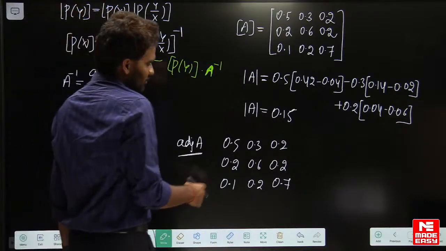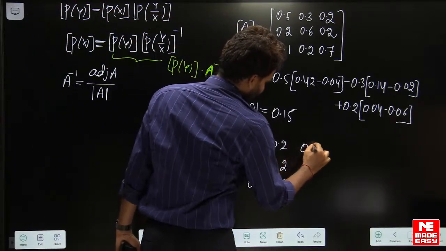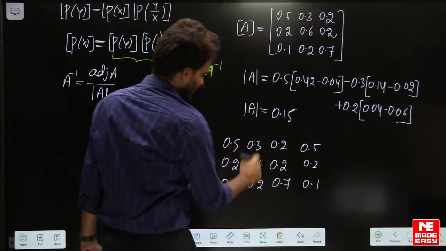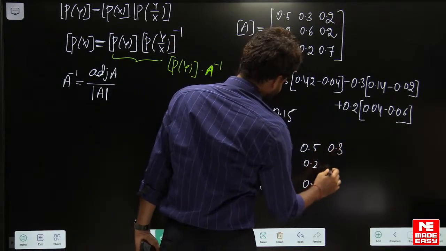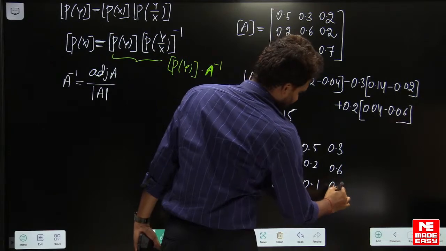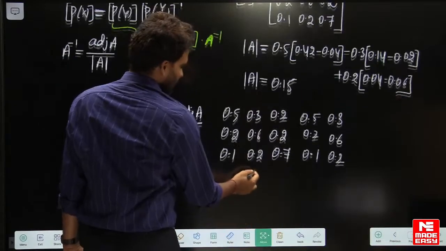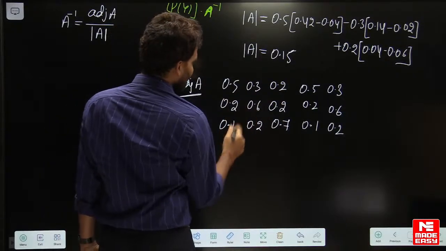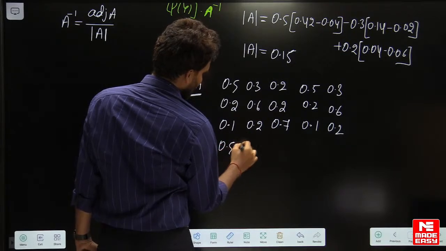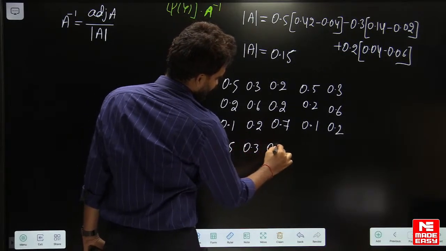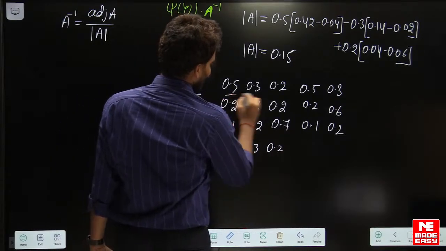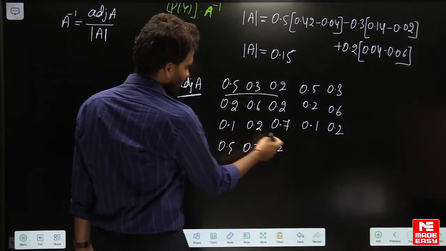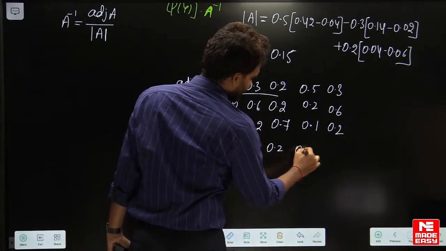Next repeat the first two columns again: 0.5, 0.2, 0.1, and the second column, 0.3, 0.6, 0.2. Next repeat the first two rows here, 0.5, 0.3, 0.2, again 0.5, 0.3.